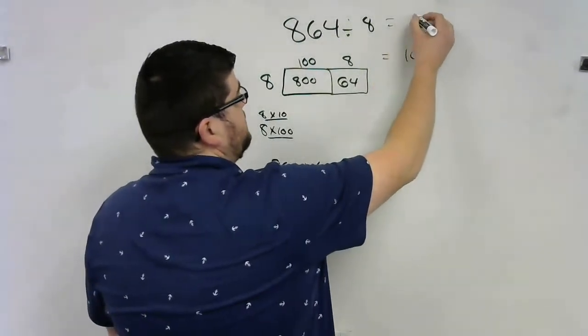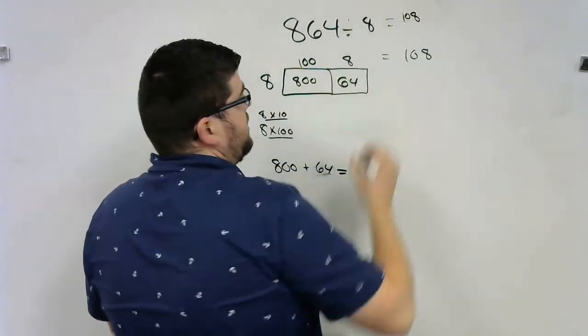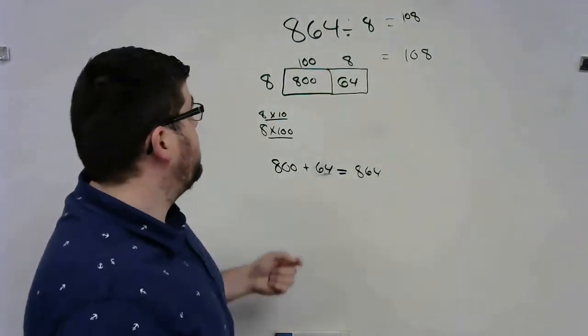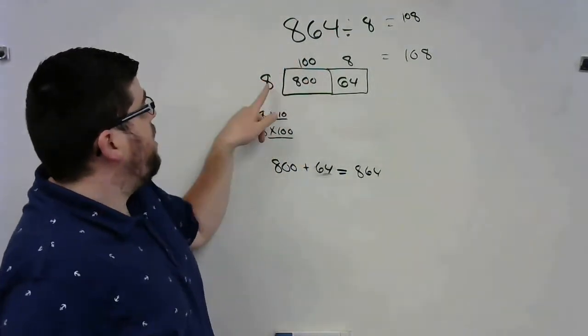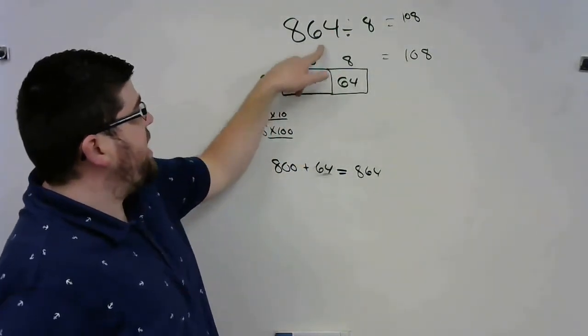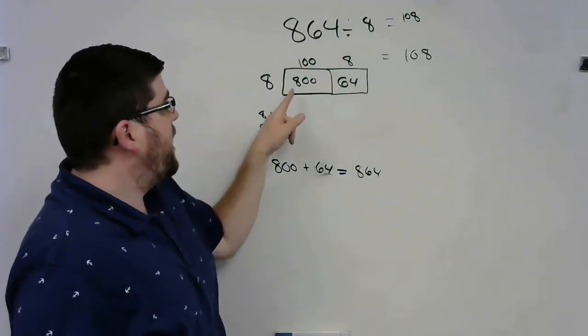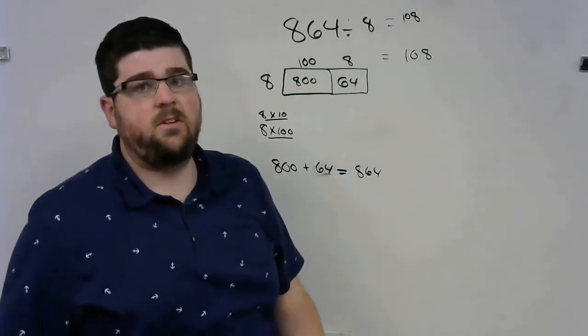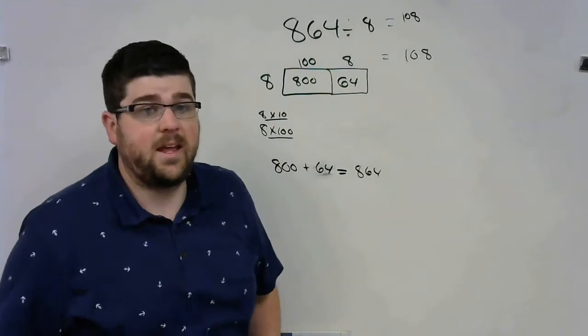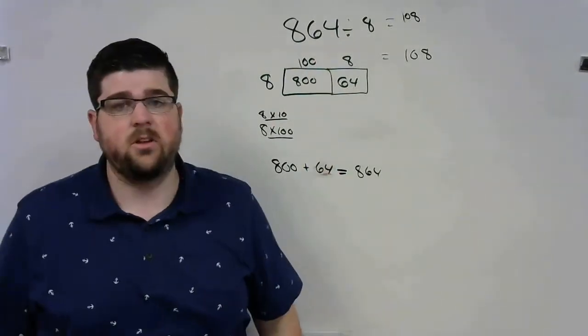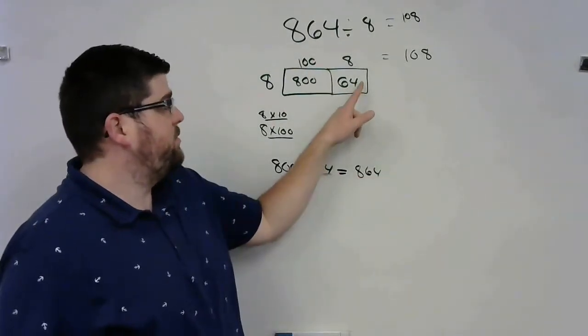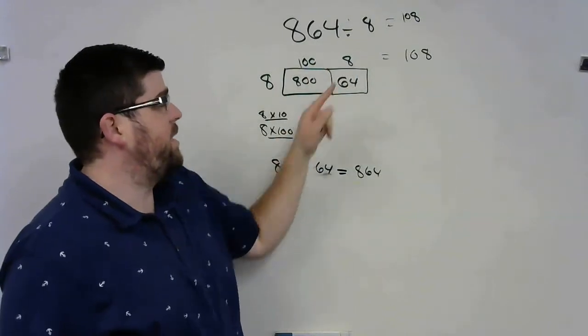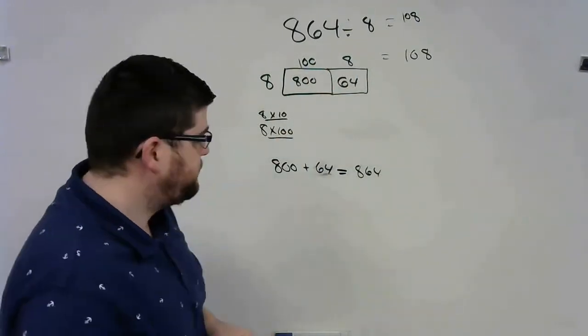So 864 divided by 8 is 108. And again, I did that because I said, I can take 800s out of this 864, and that's easy to divide by 8. 800 divided by 8 is 100, which only leaves me with 64 left. So then 64 divided by 8 equals 8.